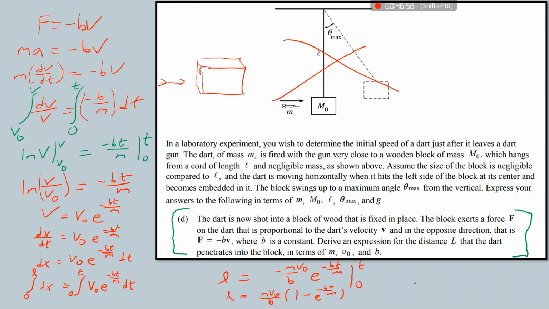Okay, rewrite my final answer on this side. L is equal to mvo over b times 1 minus e to the negative bt over m. Okay, any questions on what we did? No, it's hard though, this one.